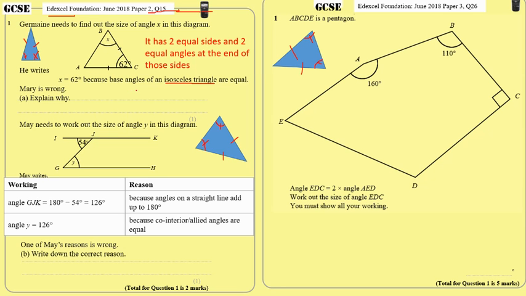She was right that angles on an isosceles triangle are equal. But she was doing what you know already as well, which is general knowledge, that people think the base angles are equal on the triangle, but it's not true because they are at the end of the equal sides.